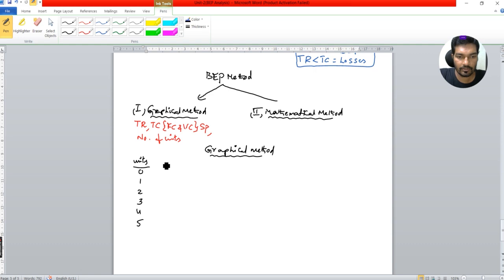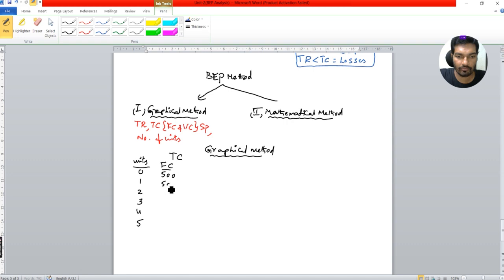And after that, to calculate the total cost, we need to first take the fixed cost, assumed figures. Let us take the fixed cost for this example. We'll take 500 rupees.